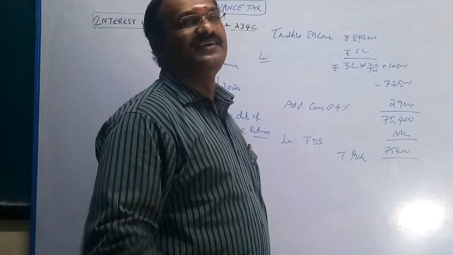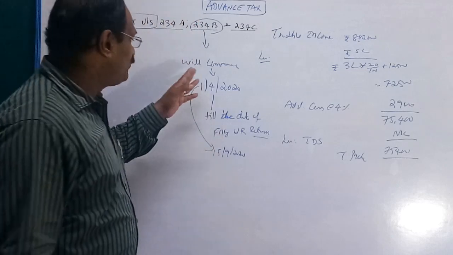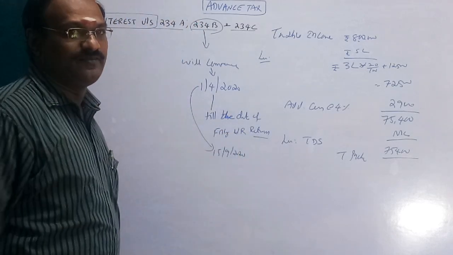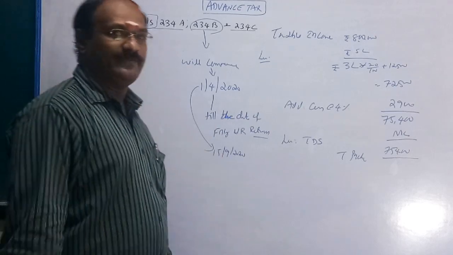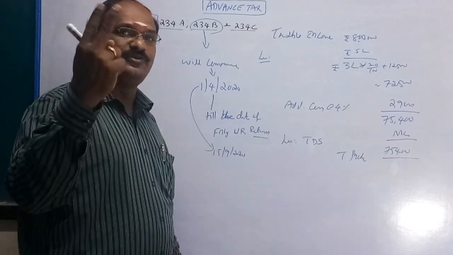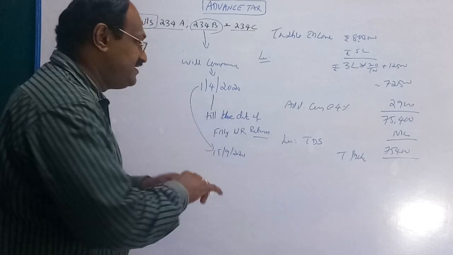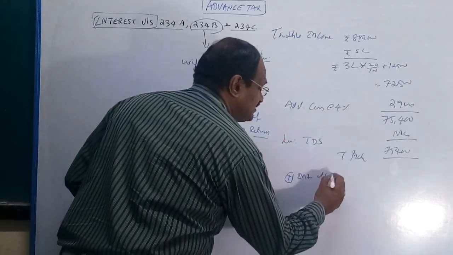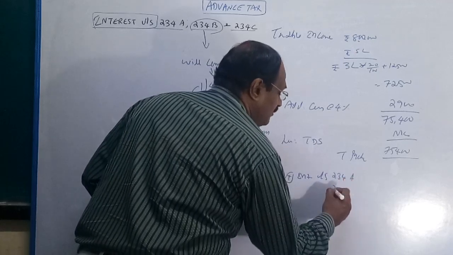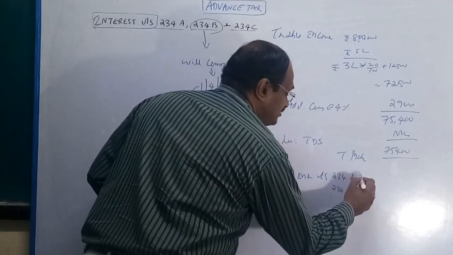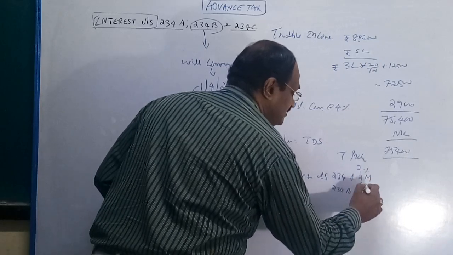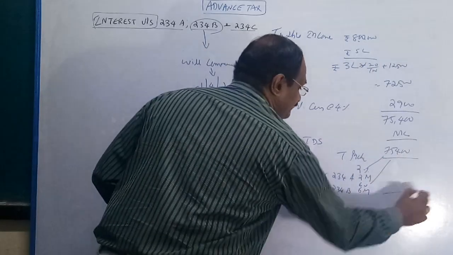See, not only 234B, in this example 234A is also attracted because the due date is 31st July. You are filing in August, September, 2%. So in this example, add interest under section 234A and 234B. This is for 2 months, this is for 6 months. So 2% and 6% on this figure.